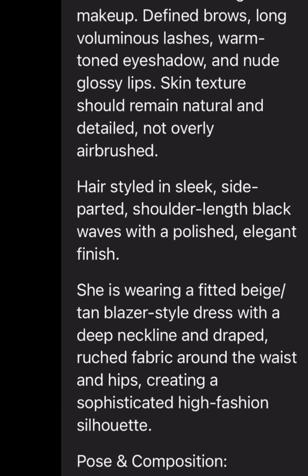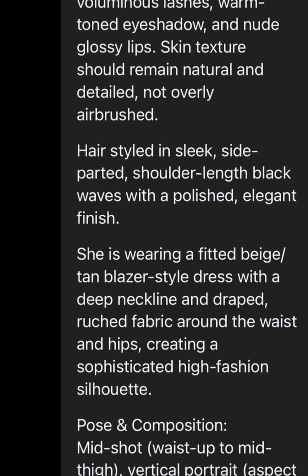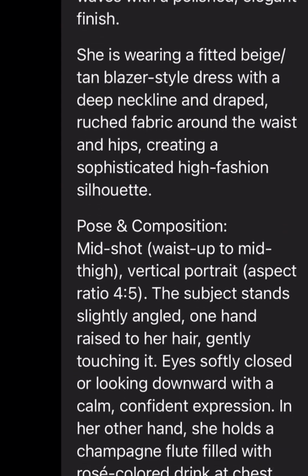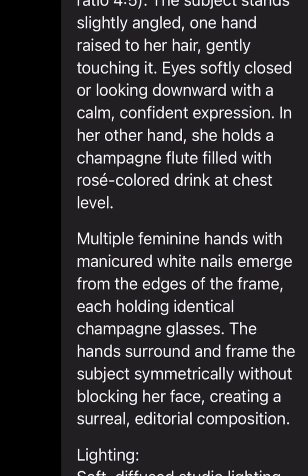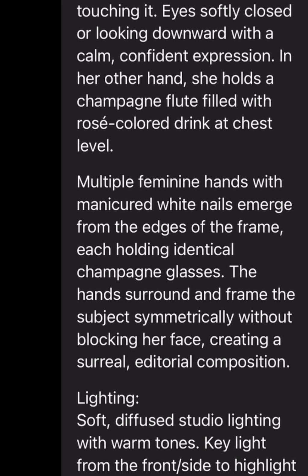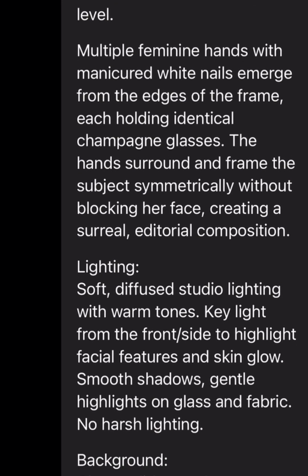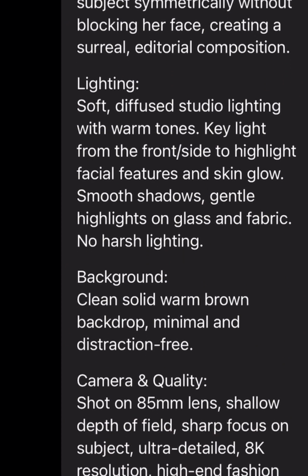Step three, add lighting. Lighting changes everything. It's very, very important. Use soft lighting with warm tones to create a clean and realistic look. Step four, add your camera settings. This helps give your image that professional cinematic feel.